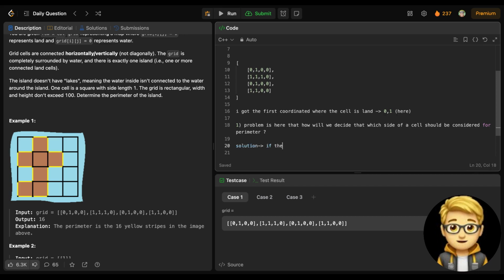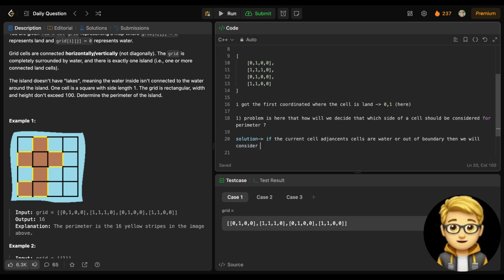If the current cell's adjacent cells in the four directions are water or out of bound, then we will consider it in the parameter.